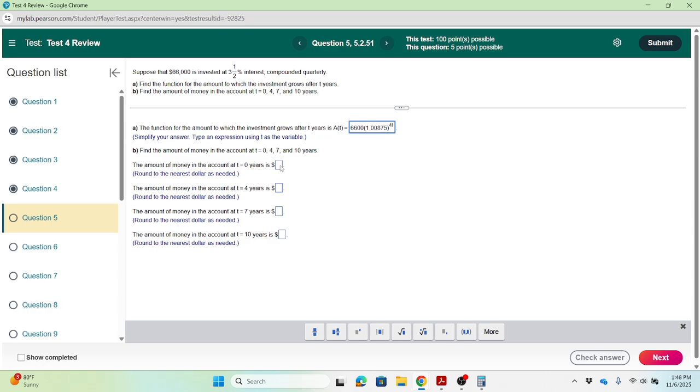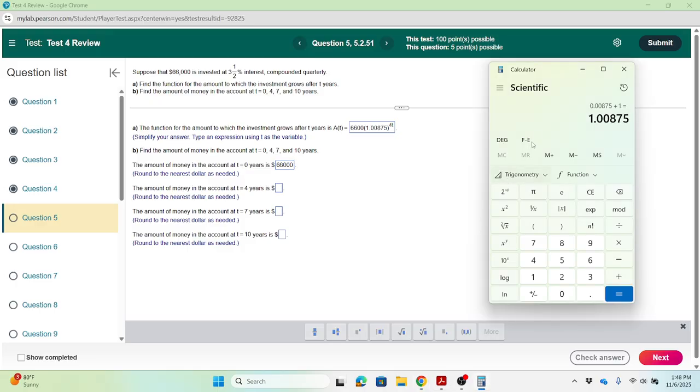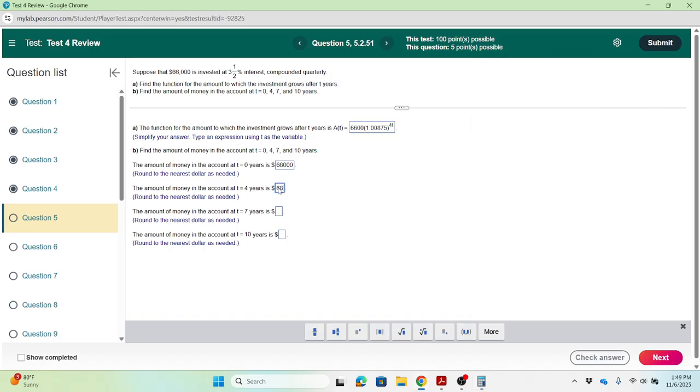So now for finding the value of this function when t is 0, that means its initial amount, which is 66,000. When t is 1, go here in the calculator, take this to the power 4 and then times it by 66,000. That would be 68,000 and round to the nearest dollar, so it's 68,340.